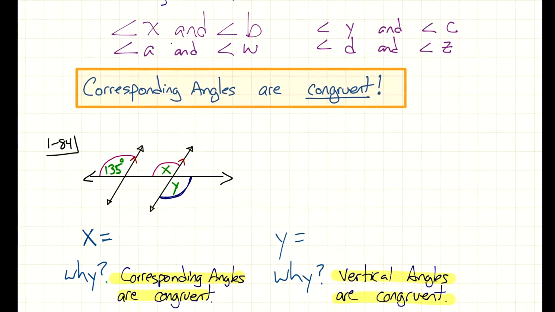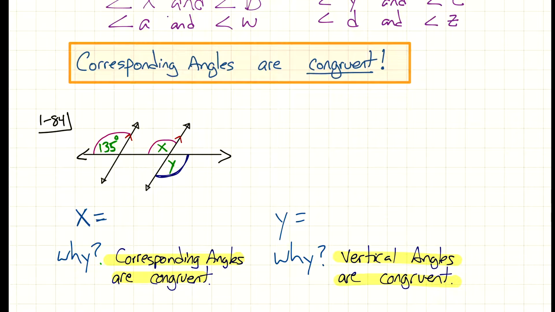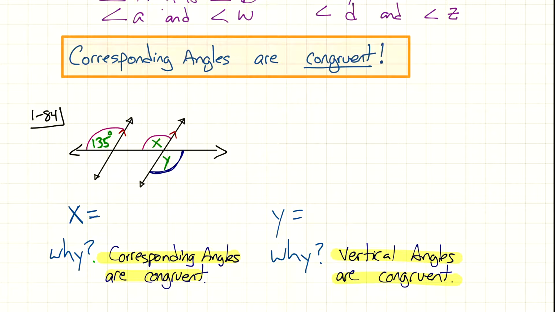I set up a problem for us. It's partially answered, but I'll just talk about it. Here's a situation where we have parallel lines and a line that goes through them. That means we have a transversal and parallel lines, so somehow we have corresponding angles in this picture.